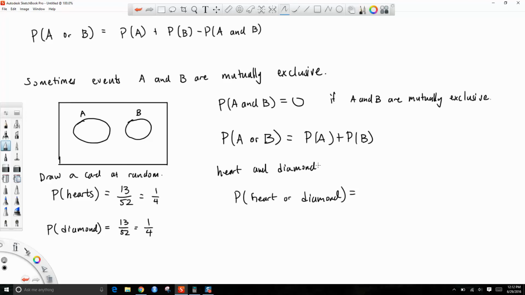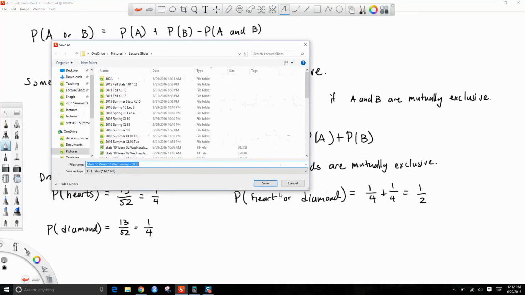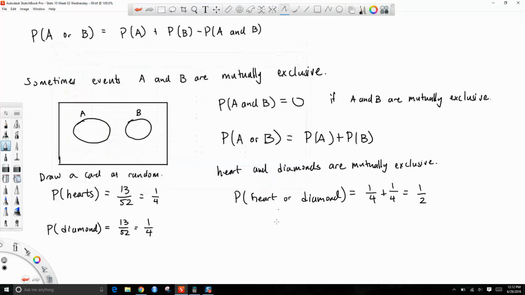So the probability of heart or diamond would just be 1/4 plus 1/4, which is 1/2. If they're mutually exclusive, you don't have to worry about subtracting any overlap. Otherwise, you do, okay?